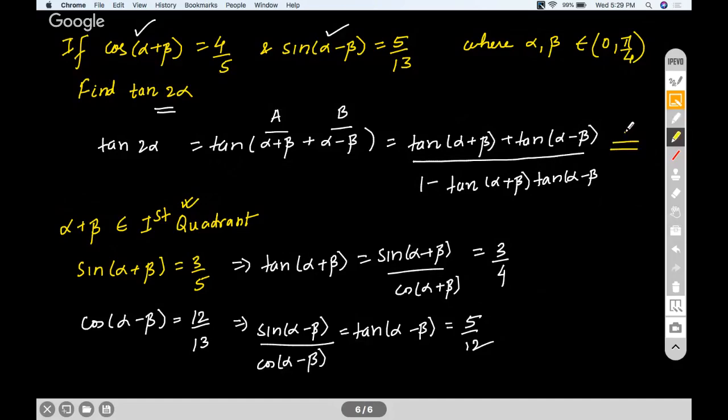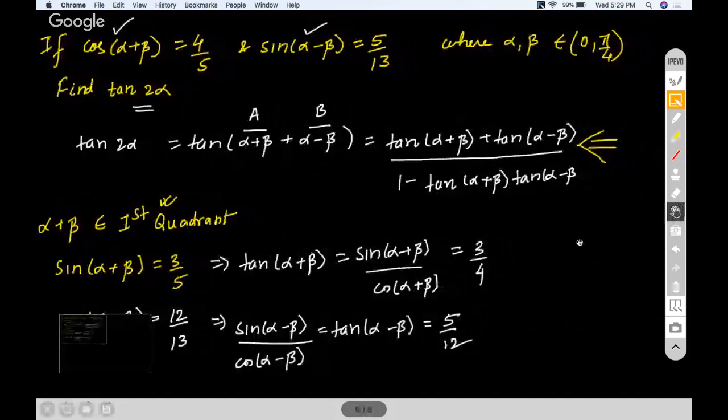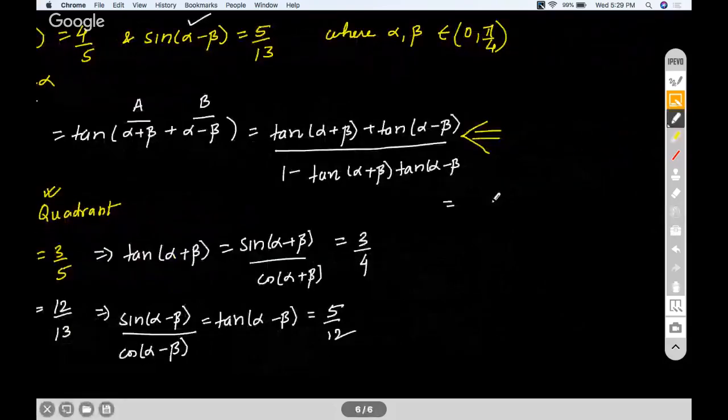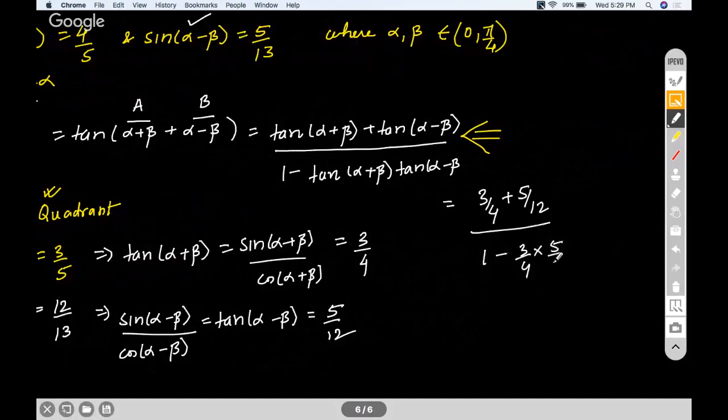So please substitute these formulas over here. When I do that, I get the value as tan alpha plus beta is going to be 3 upon 4, and this is going to be 5 upon 12 by 1 minus 3 upon 4 into 5 upon 12. Okay, which gives you 36 plus 20, which is 56 by 48 minus 15, which is 33.